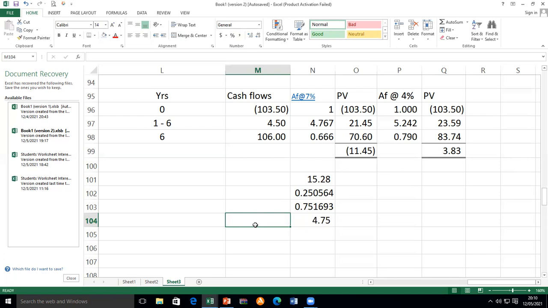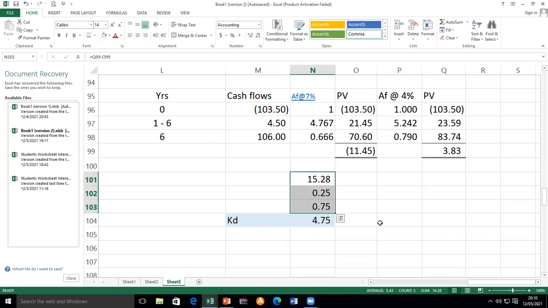The cost of debt, internal rate of return.